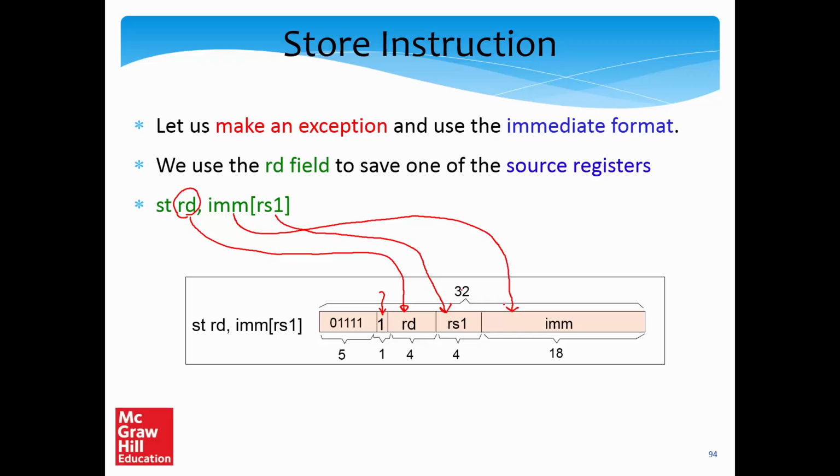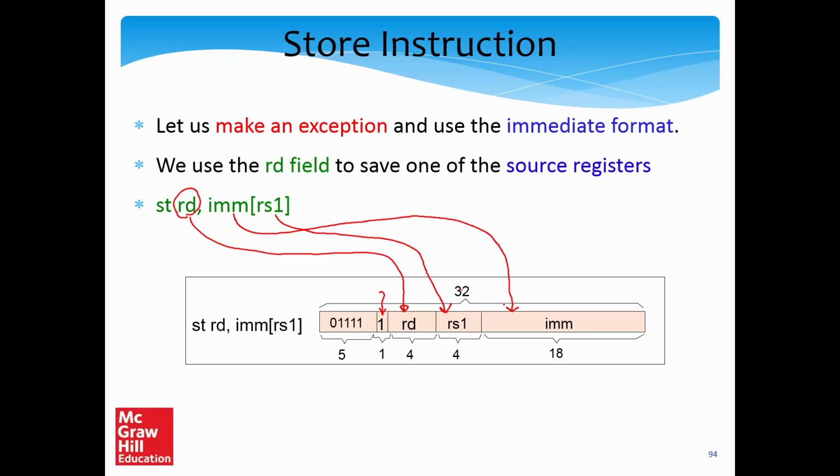But the question is that if you think about it, still an exception is being made. The reason being that the store instruction has a memory destination, it does not have a register destination. So we don't have any other instruction in our instruction set which has a memory destination. So the store instruction in that sense is special, but we don't want to define a new format because that will make the hardware, the decoding hardware, pretty complex.